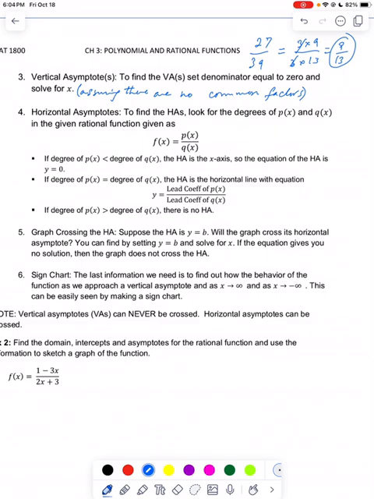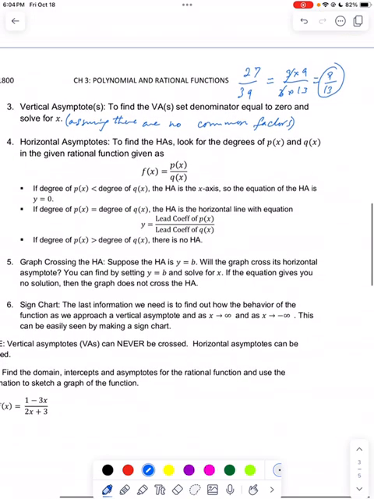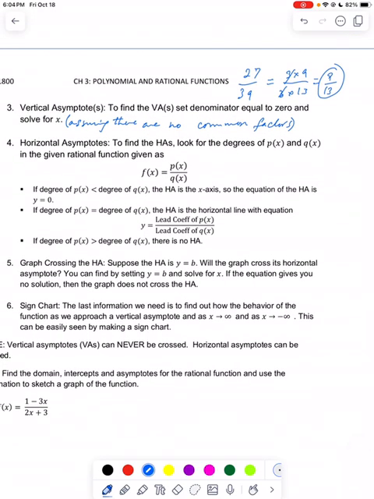In the same way, if there are any factors that can be cancelled out, we will cancel them, and those cancelled factors actually produce holes in your graph. If we have time, we will see that type of example, but usually in exams we avoid those types of functions.